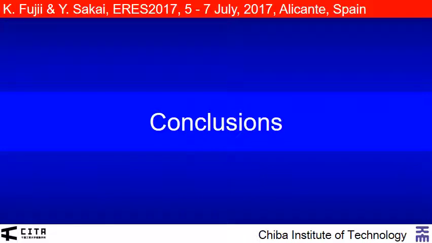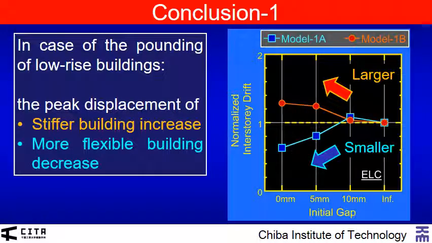So, I would like to show you the conclusions. The main findings of these studies are as follows. The first conclusion is, in case of pounding of low-rise buildings, the peak displacement of the stiffer building increases, while that of the more flexible building decreases. This is obtained from the results of test 1.